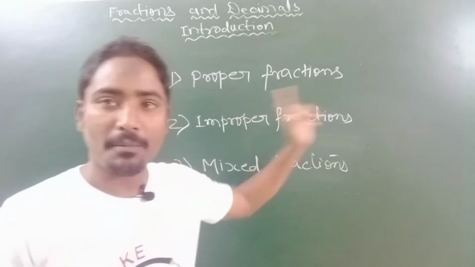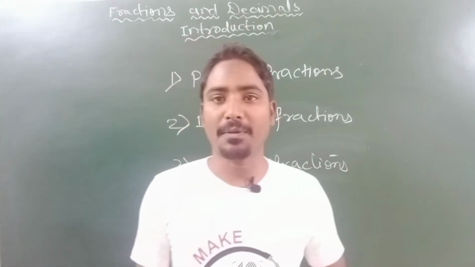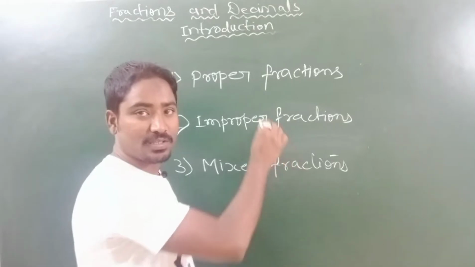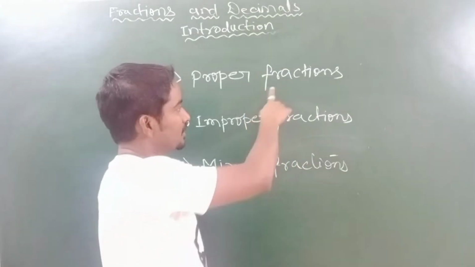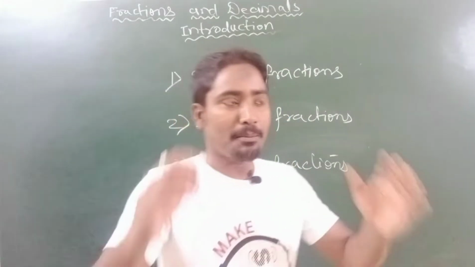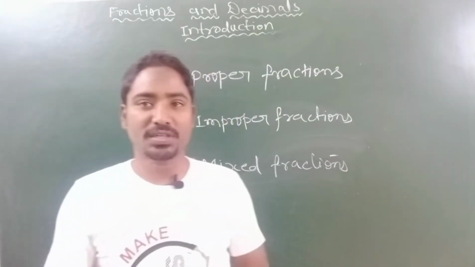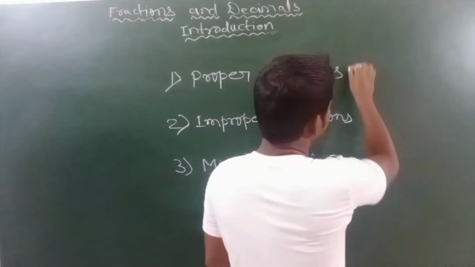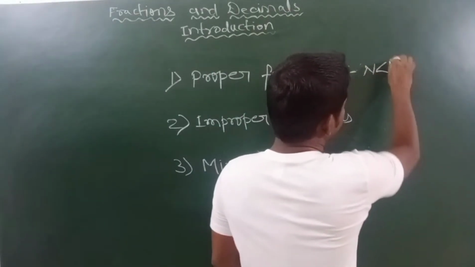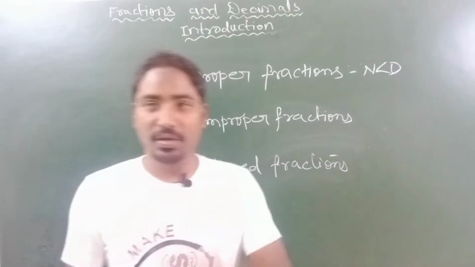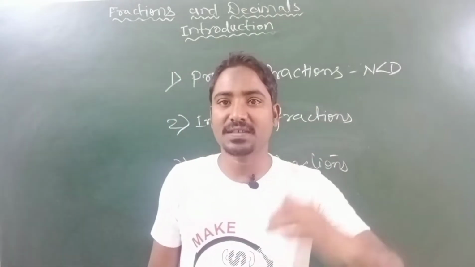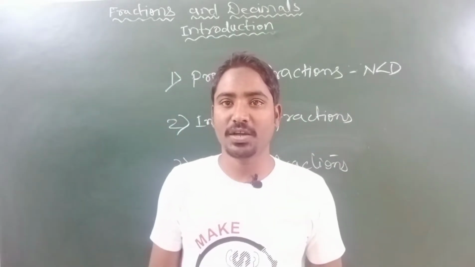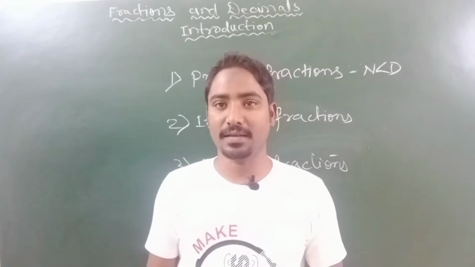Now starting from proper fraction. What is a proper fraction exactly? In a proper fraction, what happens, students? Numerator is less than the denominator. Now in fractions we have been learning since our childhood numerator and denominator.